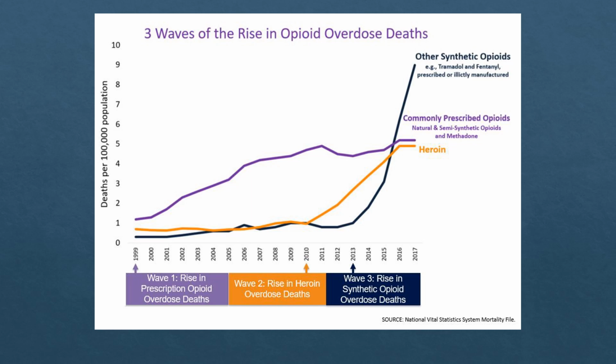Prescription opioids probably started climbing first about 20 years ago, and then there was a rise in heroin overdose deaths. And in the past 5 to 6 years, we've seen a rapid increase in synthetic opioid overdose deaths. Again, this is just more information that's supporting why they're requiring all these rules with the PMP, and you'll see that actually they're pretty extensive as far as the documentation goes, but this is the driving force again behind it.